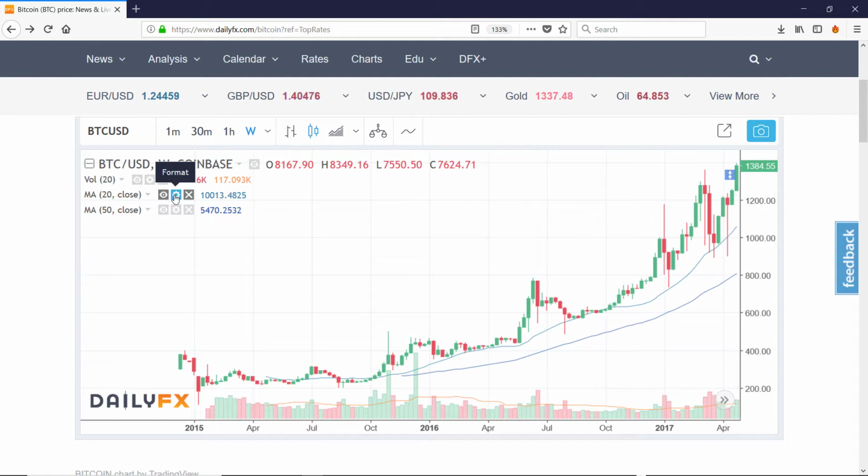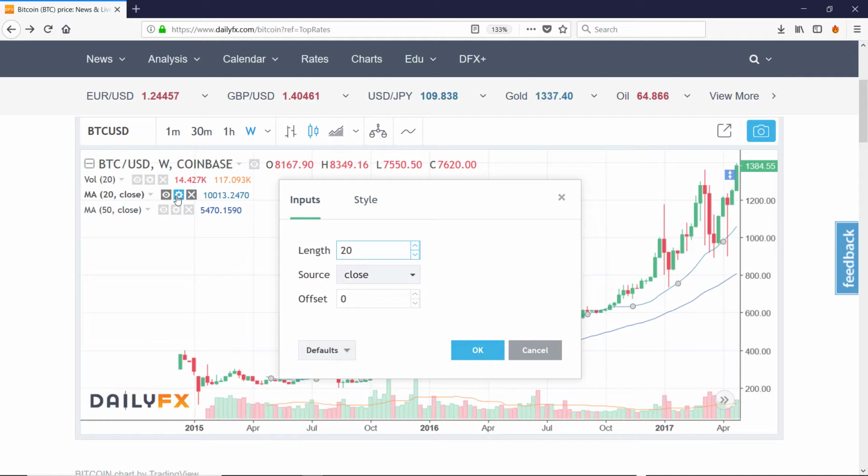So if I just click here, I can change how many days I want to average over. I can change what it is that I'm averaging. So here I'm talking about the closing price. I just take the price at the end of the day and average the last 20 days to get the 20-day moving average.